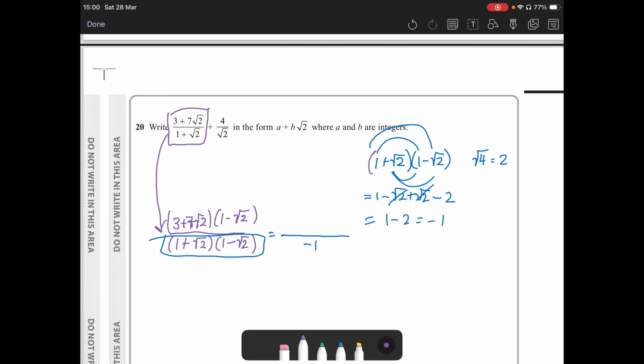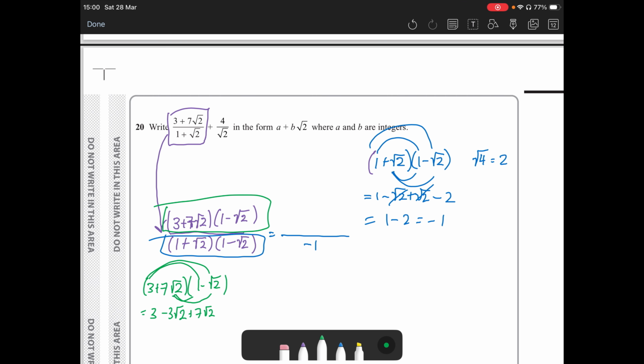The numerator, we'll do something similar. I'll do this in green, why not? So what are we doing? We're doing 3 plus 7 root 2 times 1 minus root 2. So 3 times 1 is 3. 3 times minus root 2 is minus 3 root 2. That times that is plus 7 root 2.